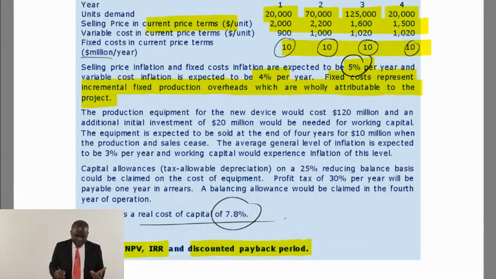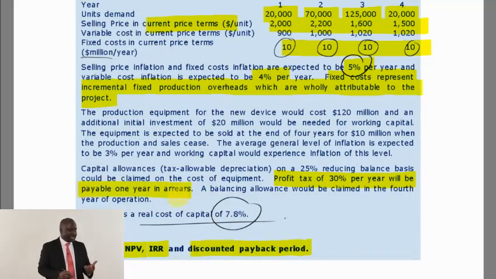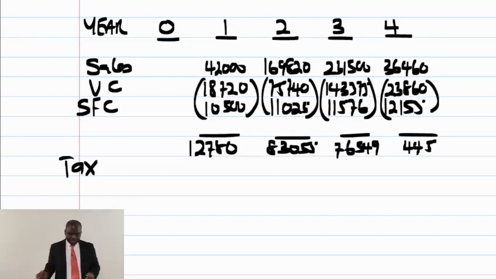So the question told us profit tax is at the rate of 30% payable one year in arrears. Therefore, we're going to say 30% of that. Because it's one year in arrears, year 1 should go to year 2.